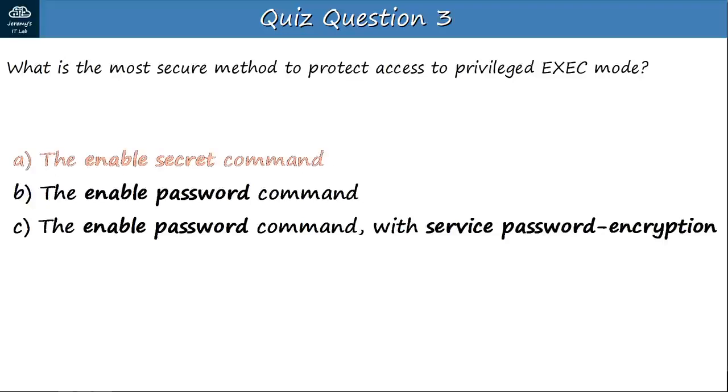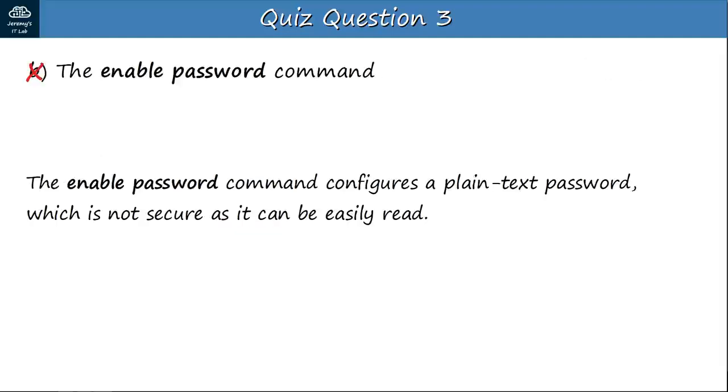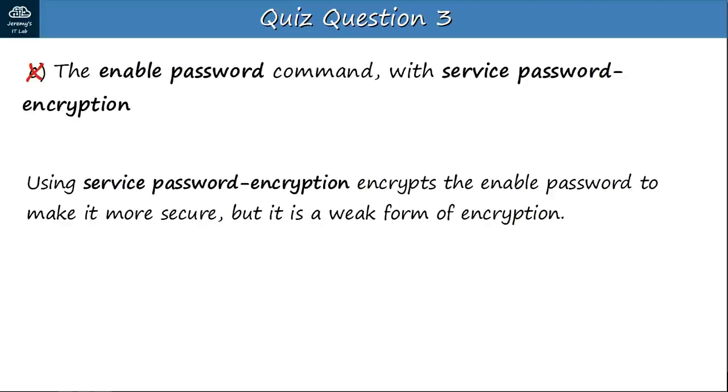The answer is A, the enable secret command. Let's check. The enable password command configures a plain text password, which is not secure, as it can be easily read. So B, enable password, is incorrect. Using service password encryption encrypts the enable password to make it more secure, but it is a weak form of encryption.